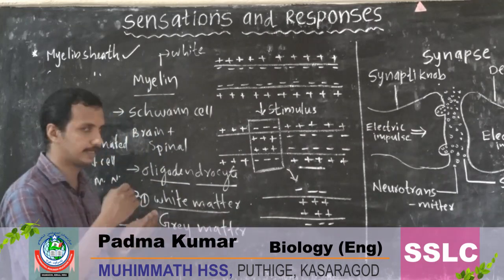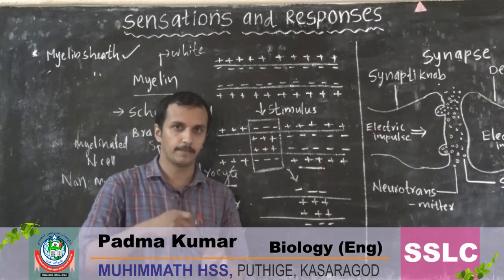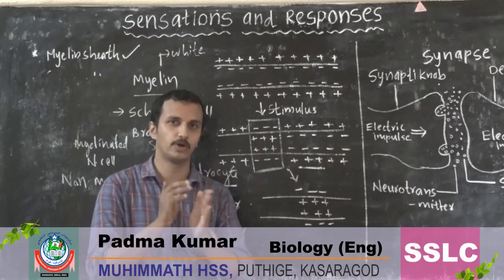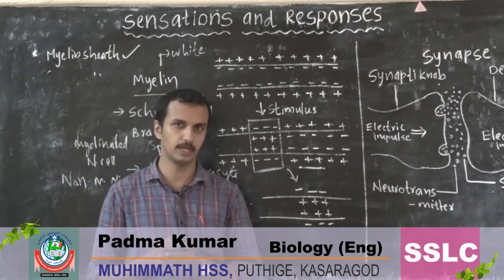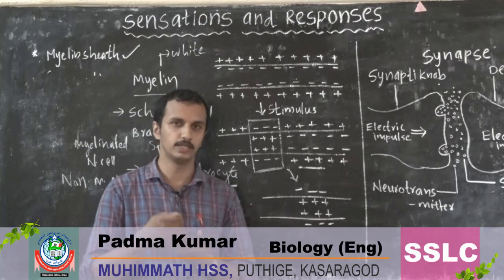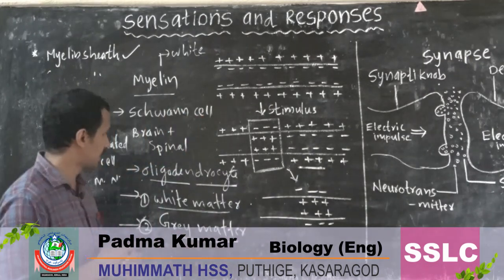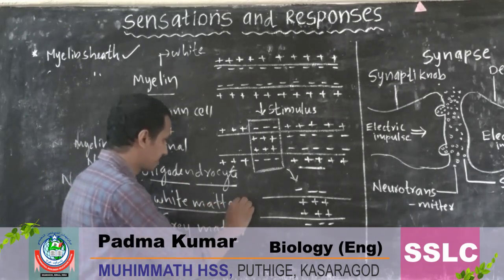What is a myelinated nerve cell? It is a nerve cell that contains a large amount of myelin sheath, and non-myelinated nerve cells have a myelin sheath that is less or reduced in number. So what will be white matter?